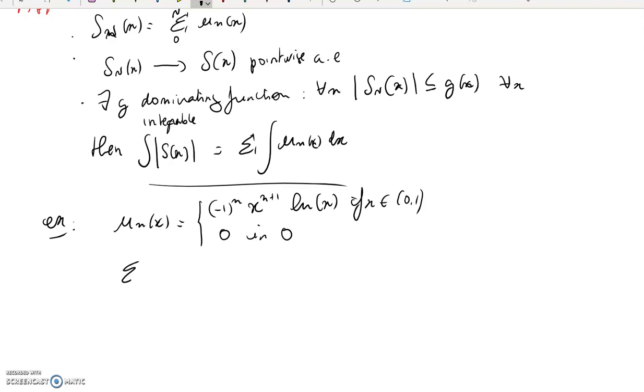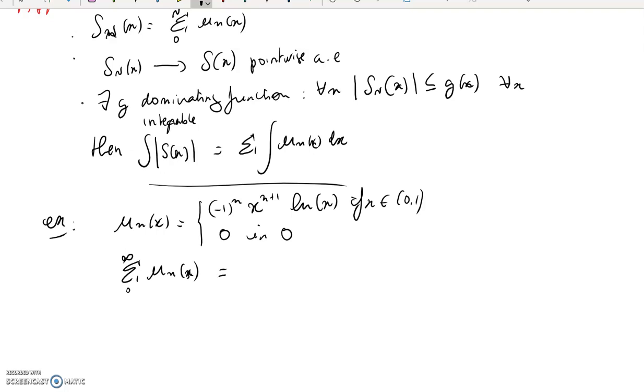We want to know whether we can compute, first thing, the sum of this series. So the sum from 0 to infinity of the un of x, does it converge to some nice function?